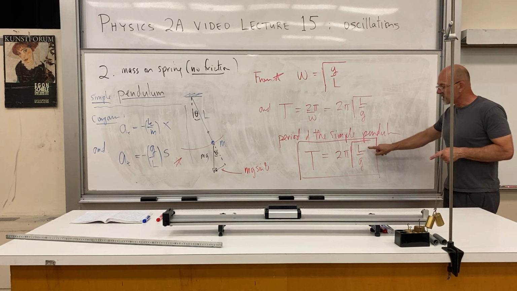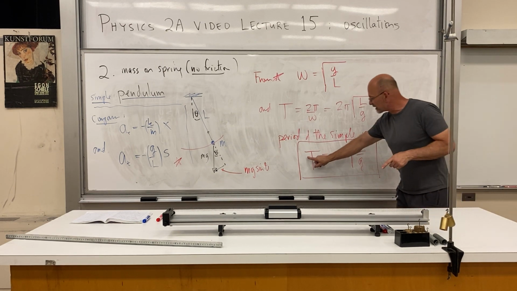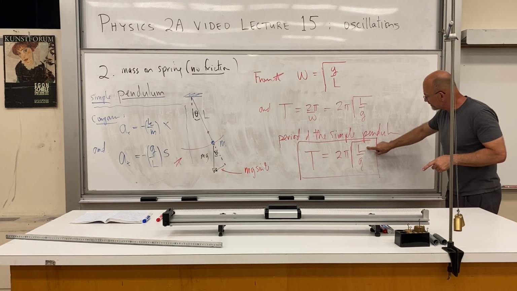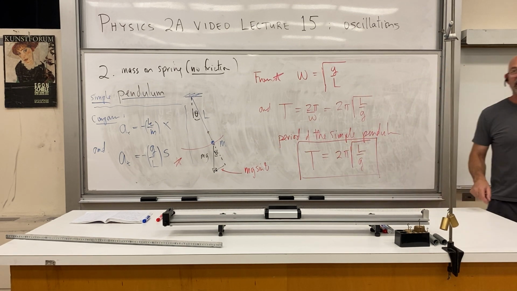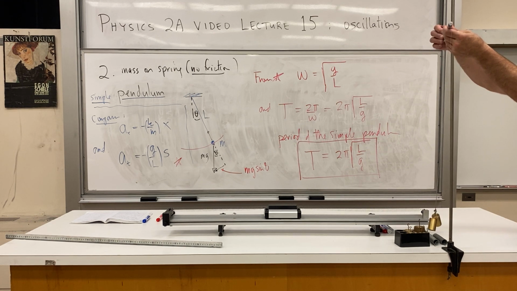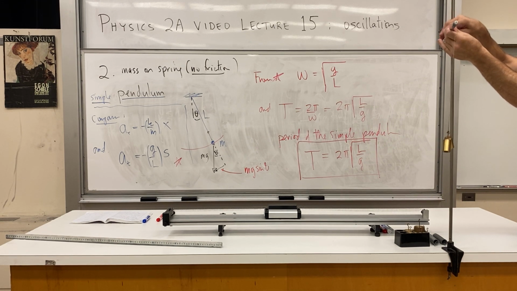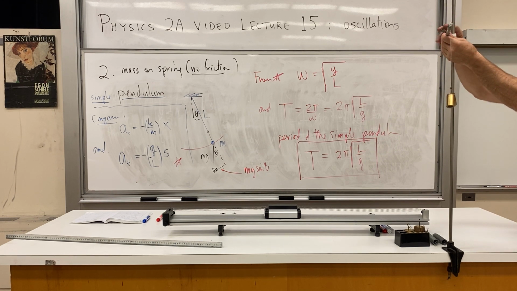Okay? What about the length dependence? It's saying that the period will be shorter if the length is shorter. And I can easily adjust this one here by just winding some string up on this guy here, enough to make it very apparent.